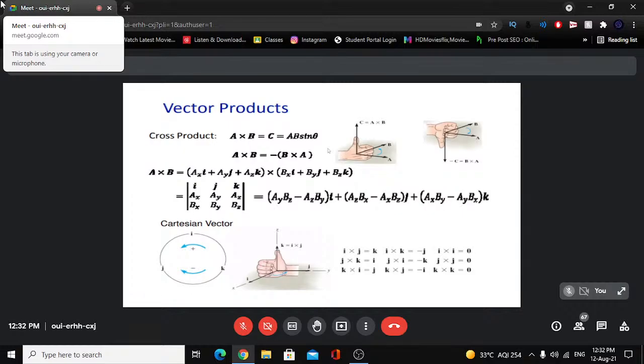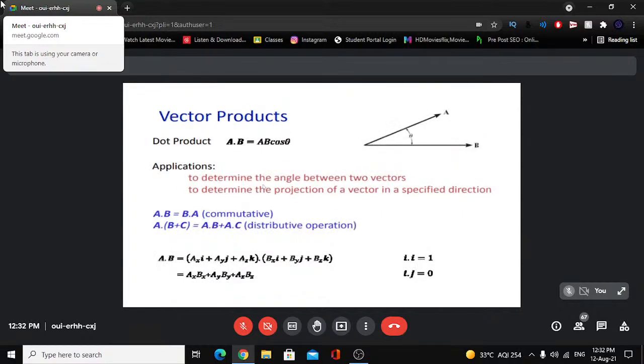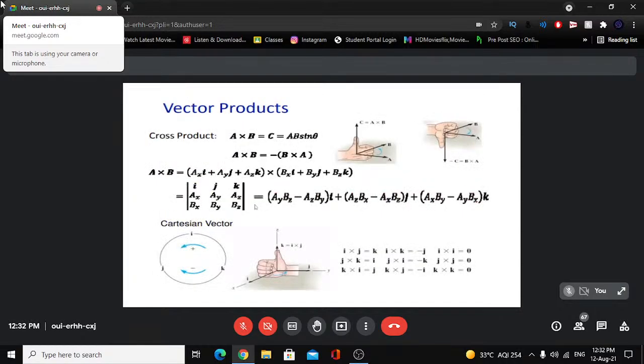Now A cross B we can write in the same manner as we did in the dot product: (ax i plus ay j plus az k) cross (bx i plus by j plus bz k). And it's very handy if we attempt it using the determinant form, taking the determinant of these scalar multipliers.